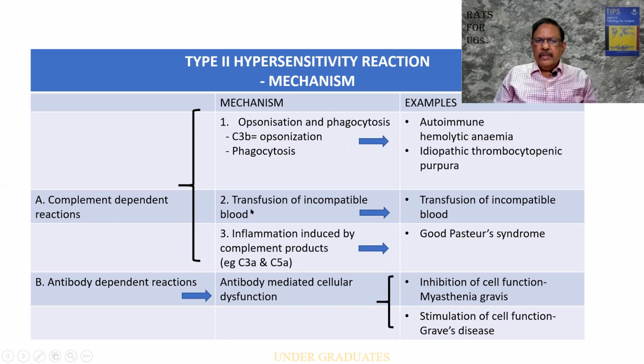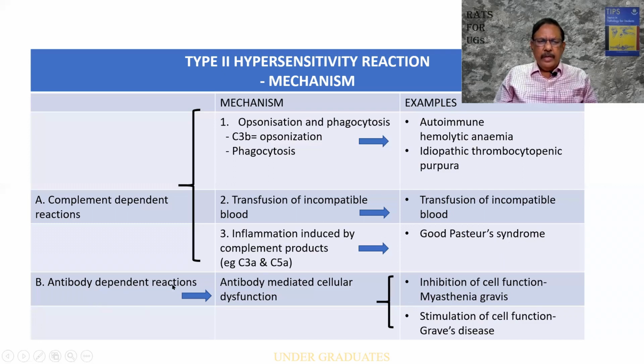Another example is transfusion of incompatible blood. Supposing you give the wrong group of blood, there can be a reaction. The third one is that it can be induced by C3a or C5a, complement dependent. And the classical example is Goodpasture syndrome. Don't worry about all this. I shall be giving you enough pictures and explanation.